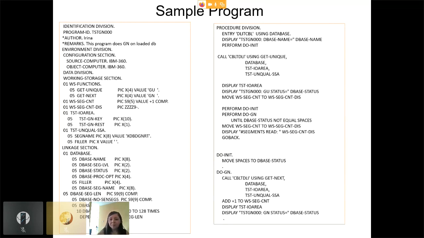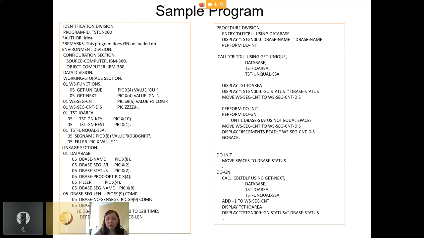You provide a PCB, like I said, with the function code GU, get unique. It's got the IO area, so the data will be retrieved into the TST IO area, which you define based on the data you're getting back, the fields, and you give it an unqualified SSA for the segment that you need. So that will give you the first segment of the database.